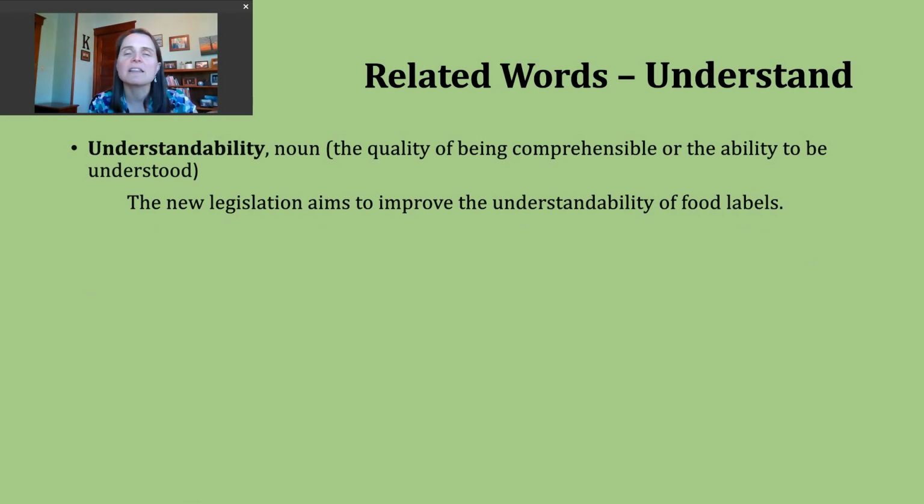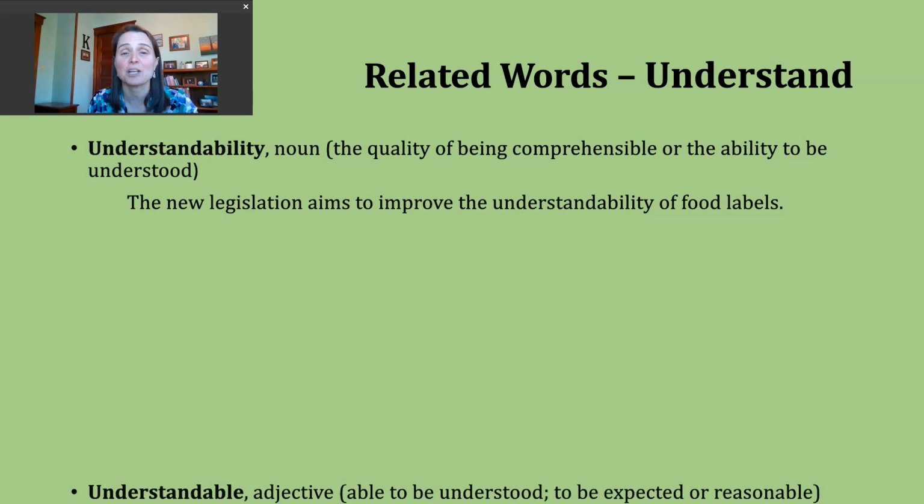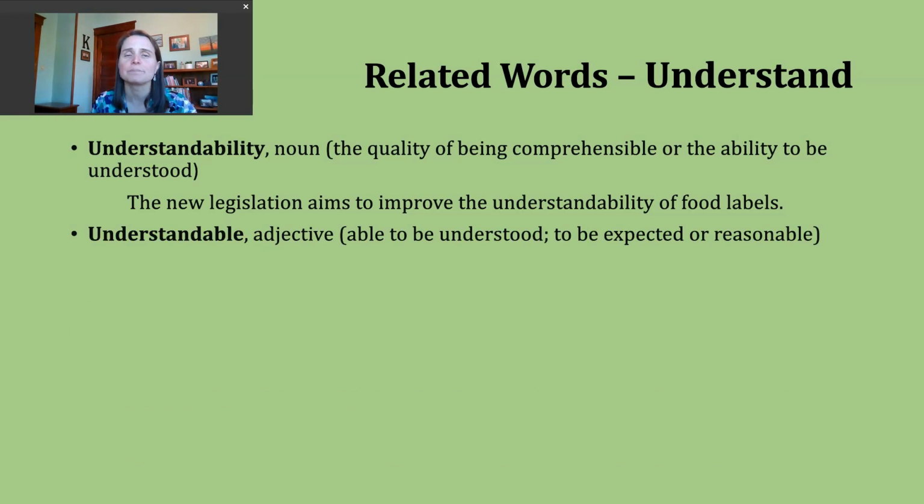And I think specifically this was talking about nutrition. Many people look at it, they see certain numbers and like, I don't know if this is good or bad. And so there is some different federal legislation here in the United States that's looking at changing how some of that information is presented and communicated to others.